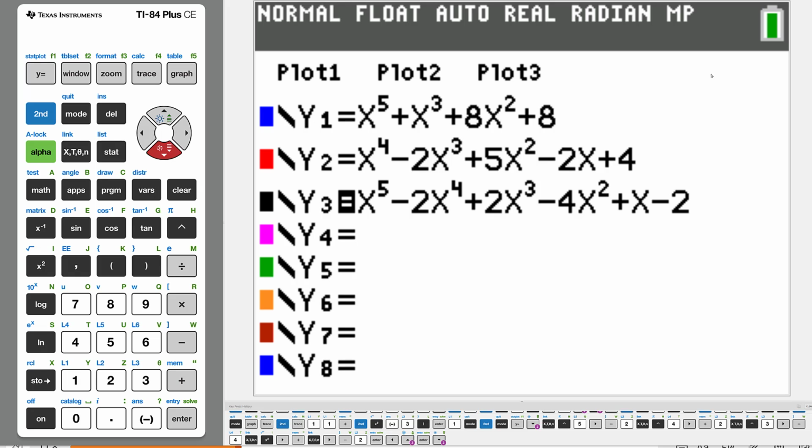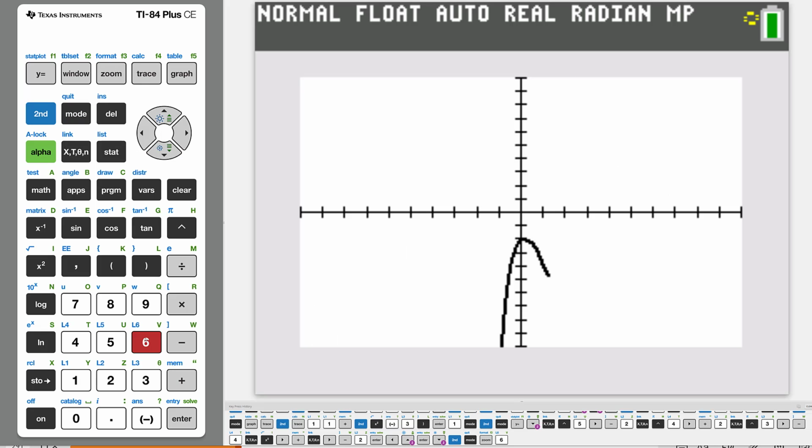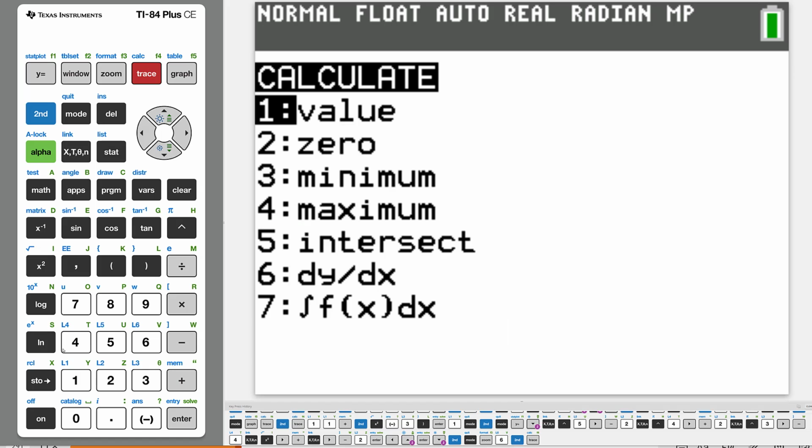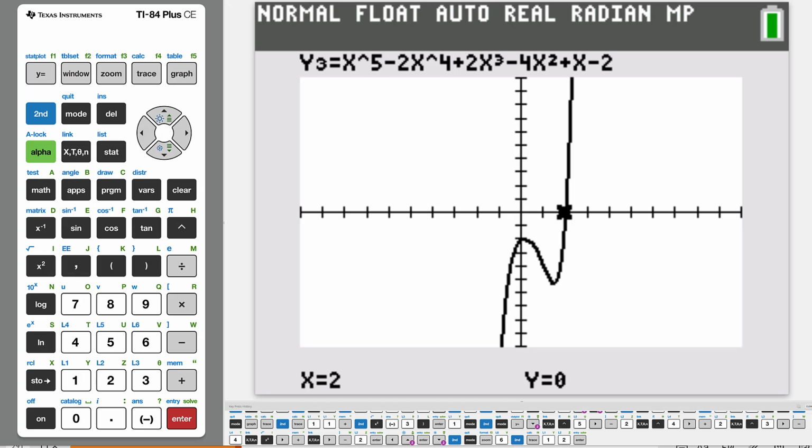All right, so I have it keyed in, as you can see right there. I'm just going to standard zoom that. See what we get. It looks like we have a root with odd multiplicity at 2. Let's verify that. Indeed we do.